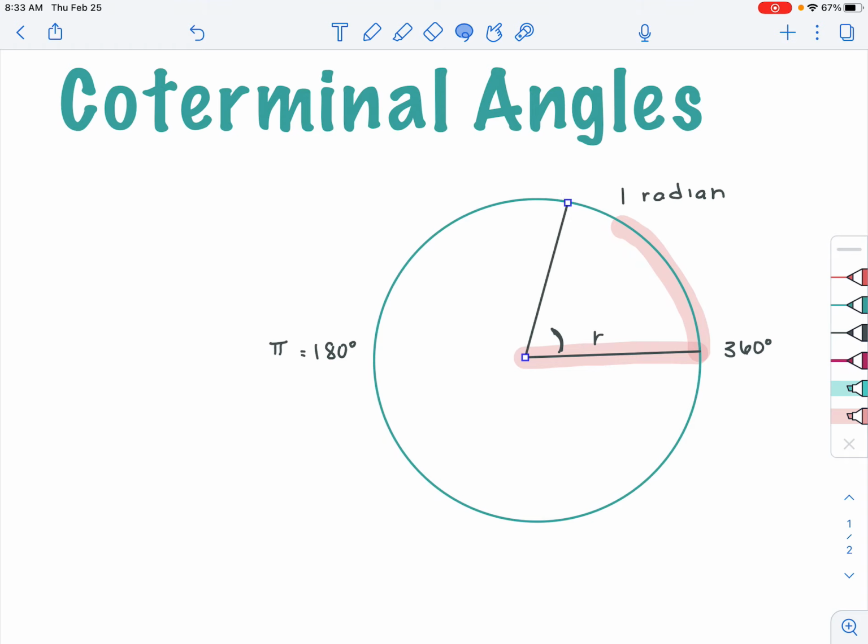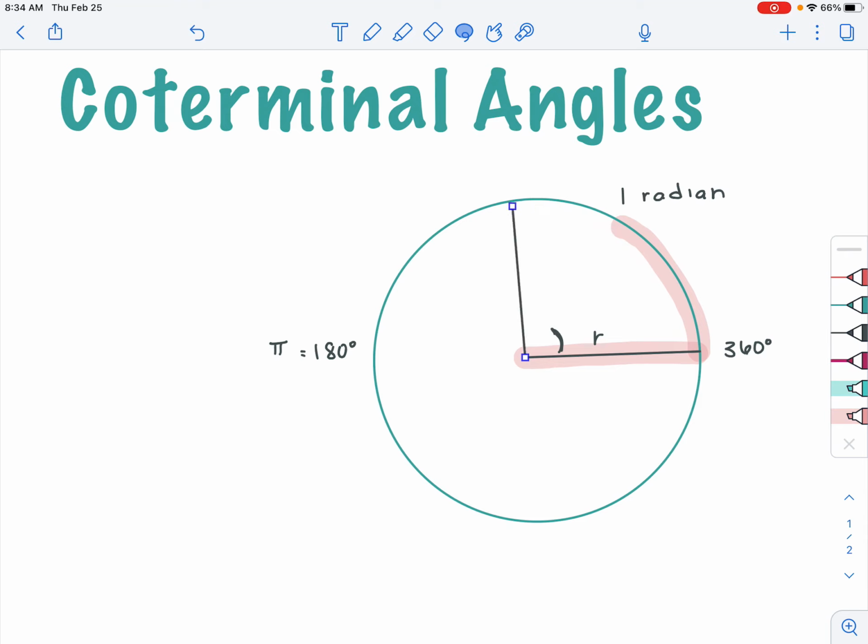They fall in the same place on the circle, but because I'm spinning it around multiple times, if I go once and then twice, even though I land back in the same spot, that angle wouldn't be 360 degrees, it would be 720 degrees because I went around twice. I went around once and got 360 degrees, and as I traveled around again, I got 720 degrees.